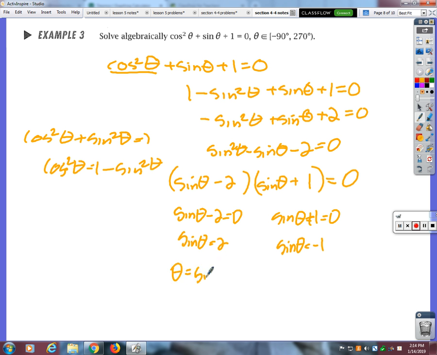And then I have to take the inverse sine of that side also. So what is the inverse sine of 2? Yes, we are in degrees, right? Because it's theta, and it also says between -90 and 270, yes.